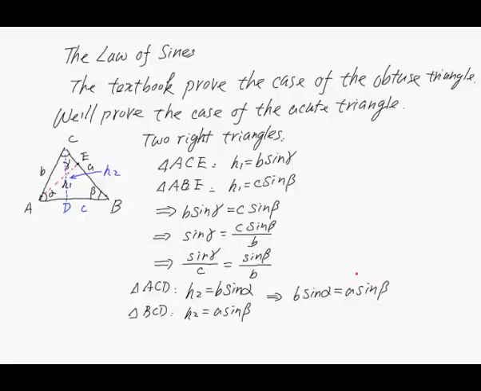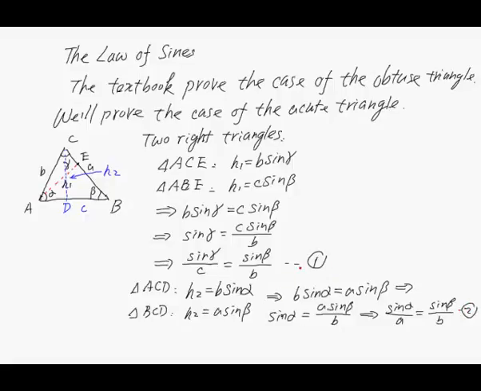Now you divide both sides by B, then you get sine alpha equal to A times sine beta over B. Then you divide both sides by A, you get sine alpha over A equal to sine beta over B. And let me call this equation 1, and let me call this equation 2.